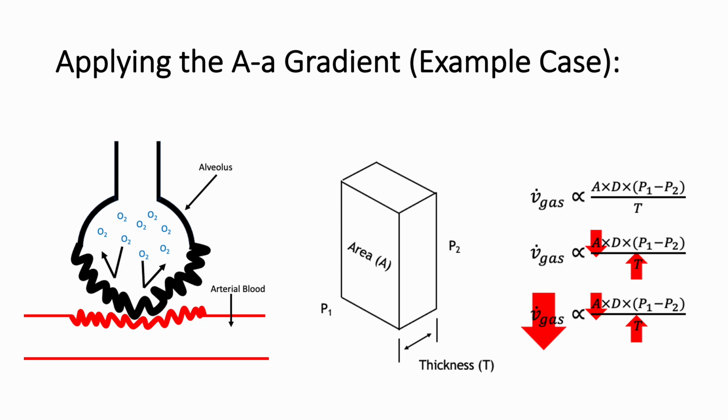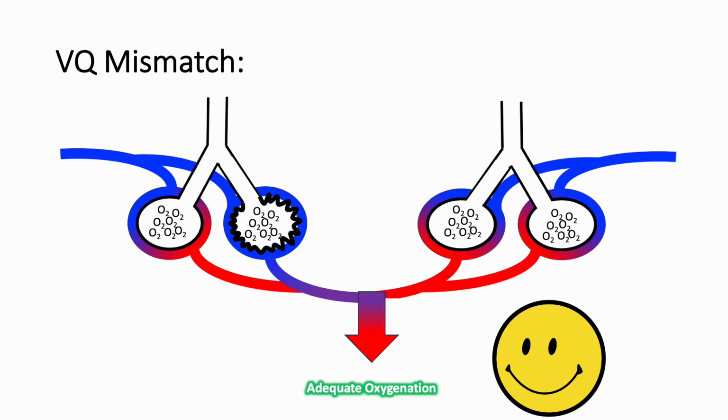In addition, some alveoli are so severely damaged that they can no longer participate in gas exchange. The overall area, A, of the lung available for gas exchange also decreases, which results in further proportional decrease in oxygen diffusion. If oxygen diffusion is reduced to a significant degree, clinical hypoxemia can result.